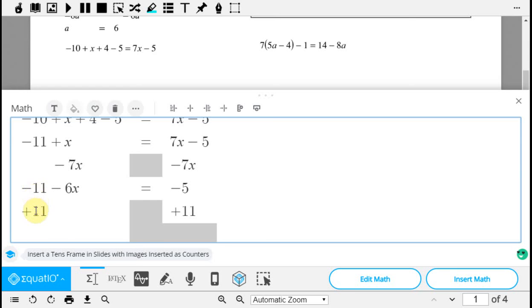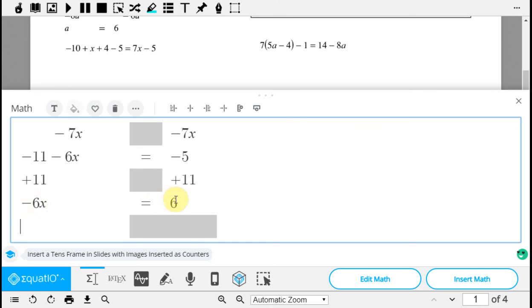Minus 11 plus 11, those cancel. That's 0. We're left with a minus 6x. That's equal to minus 5 plus 11, and minus 5. So minus 5 cancels 5 of these positives, and I have 6 positives left over.